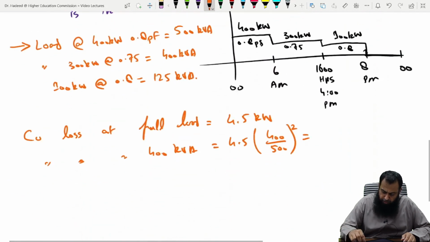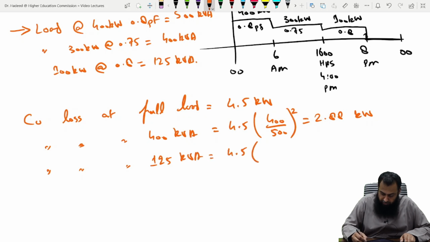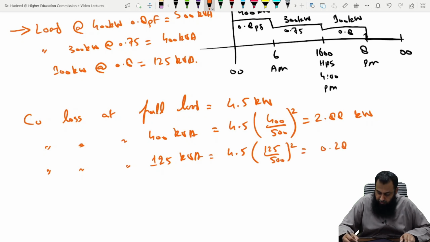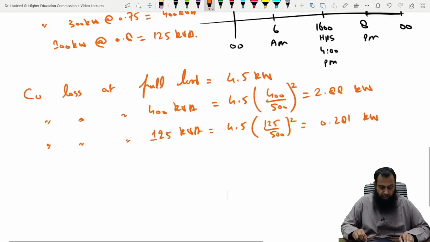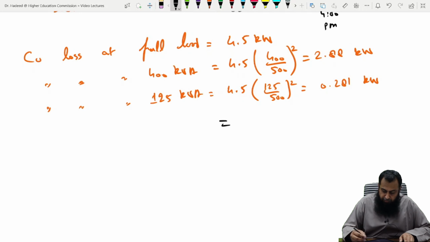So this becomes equal to 2.88 kilowatt, and then the copper loss at 125 kVA is 4.5 into (125 over 500) squared, and this gives us 0.281 kilowatt here.